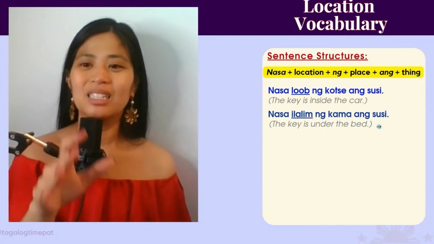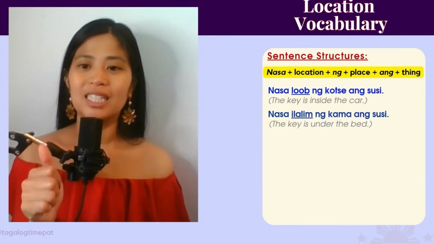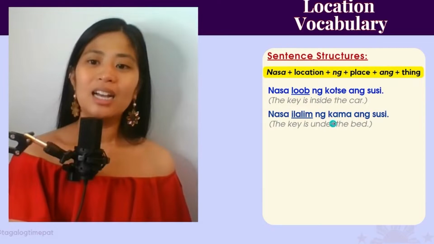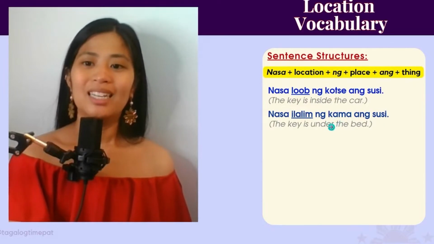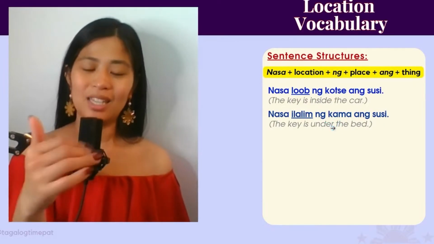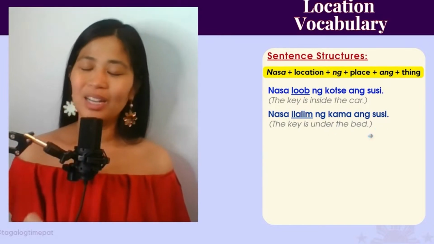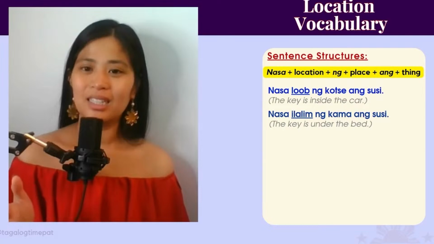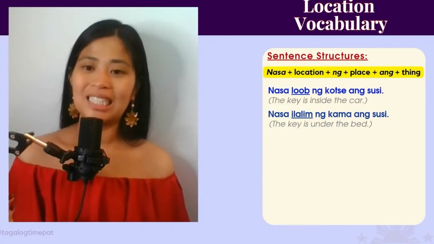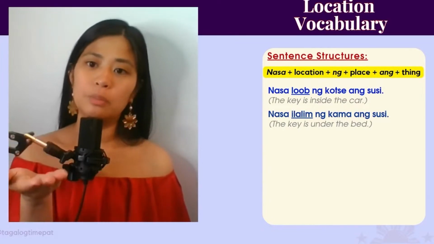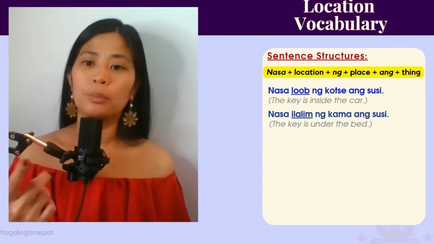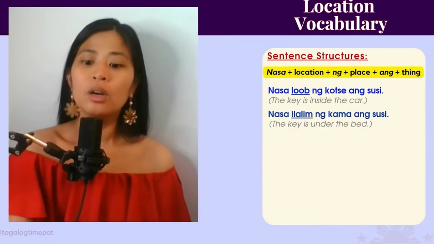That's how this is literally translated. Ng kama is like of the bed. It's under of the bed. And then ang susi, the key. So a lot of it doesn't make sense. It's not the same grammar structure as in English. So just follow this pattern that I'm showing you now. And with more practice, it'll kind of come more naturally.